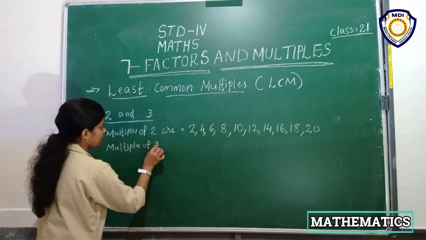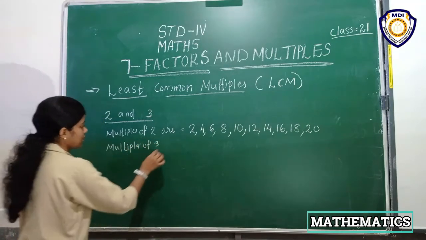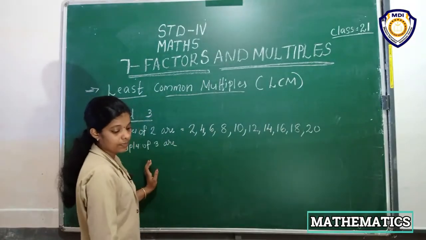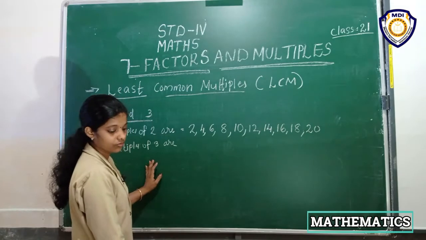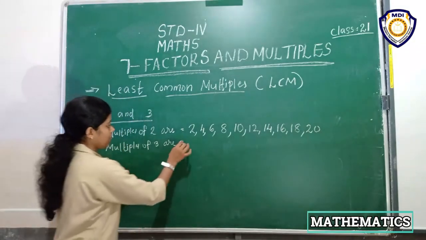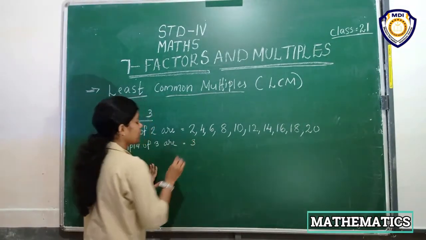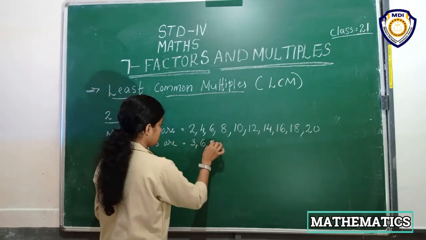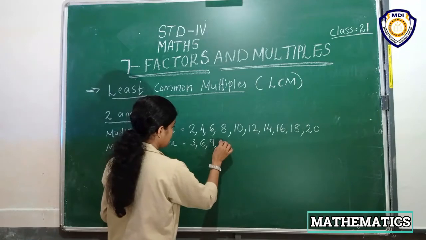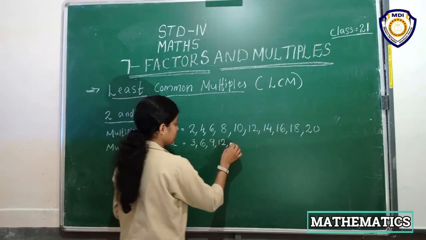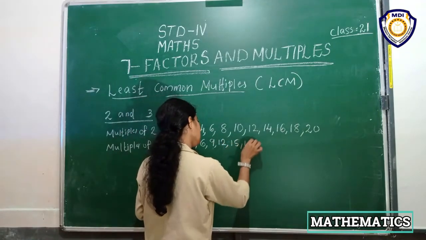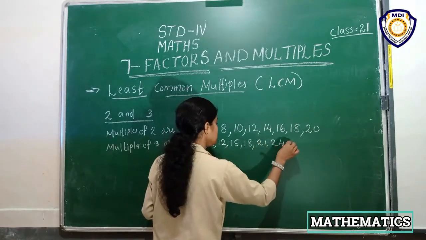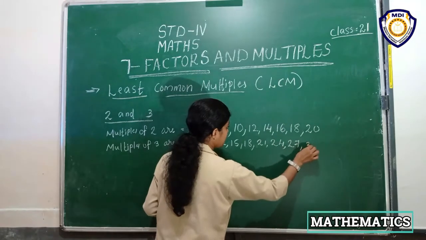Then multiples of 3. What are the multiples of 3? 3, 6, 9, 12, 15, 18, 21, 24, 27 and 30.